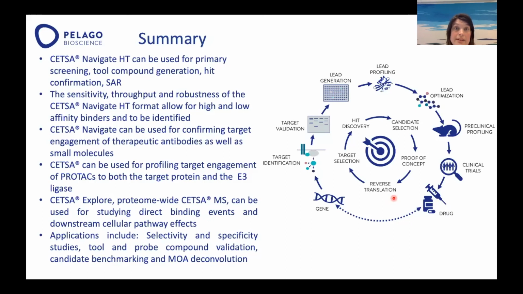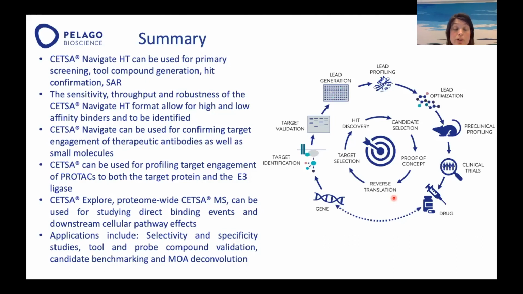And as I showed you now, and also the data Benedict showed you earlier, the CETSA Navigate format can be used for confirming target engagement of both therapeutic antibodies as well as small molecules. But then also CETSA can be used for profiling degraders such as PROTACs. In that case, it can also be used to look at the target protein as well as the E3 ligase.